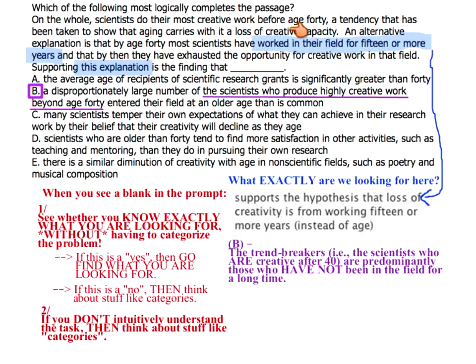It's an issue of whether they do the creative work before or after 40. So these are the people who do the creative work after they are 40, and so they are the people who are not this, is the point. We don't need to establish exactly how old they are, because we know for sure that they did their creative work at an unusually old age, and that's why we are interested in that.